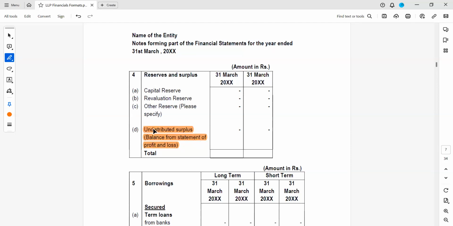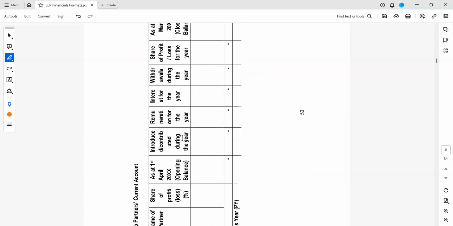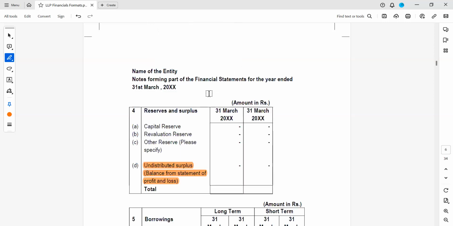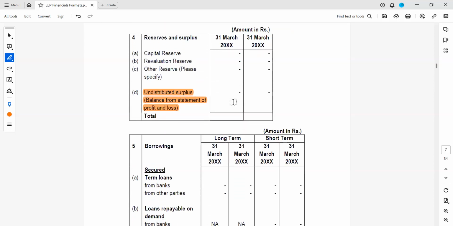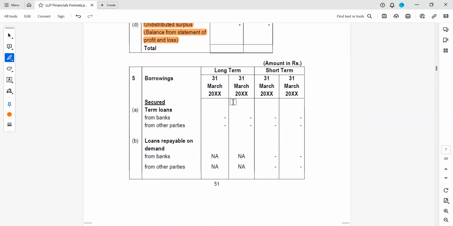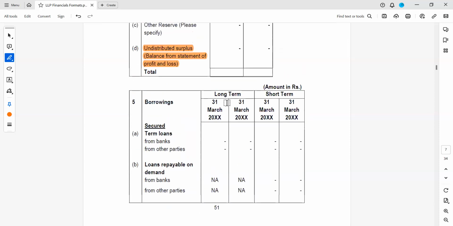Usually they don't keep the undistributed surplus that way. Anyway, it will be distributed. You see here share of profit or loss for the year is already distributed, right? So mostly here it will be zero only. If at all it is there, you have to mention it here. Next, borrowings: secured and unsecured, term loans, repayable on demand.